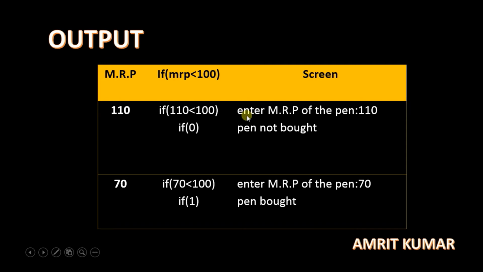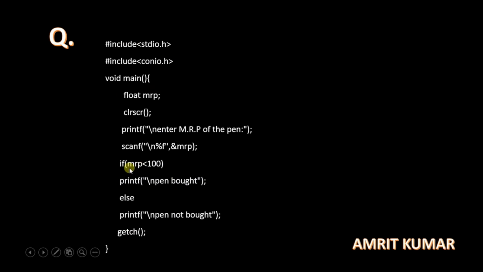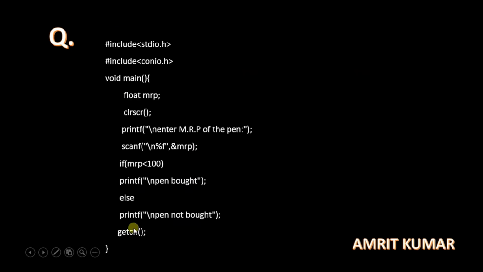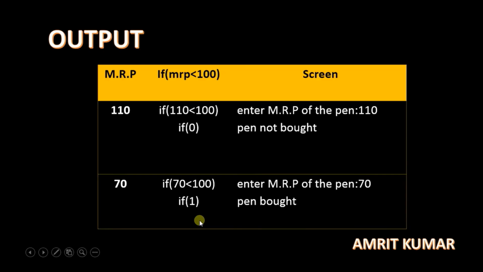Therefore the output that is going to be printed is pen not bought, because our condition was that MRP should be less than 100, but I have given 110, which is actually greater than 100. Therefore if is not going to be executed, else is going to be executed, therefore we get pen not bought.